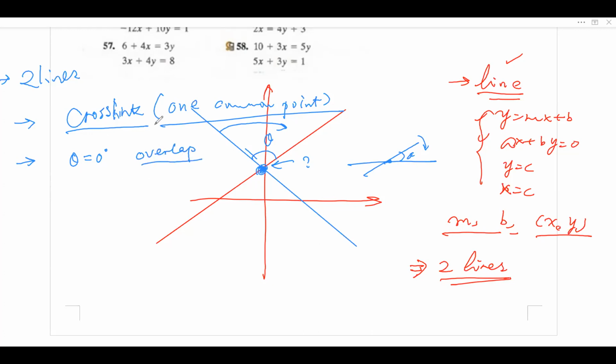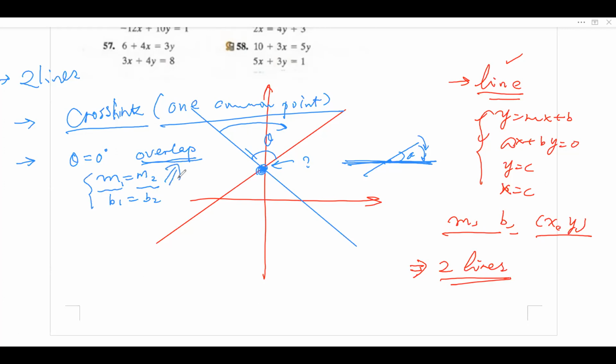Overlap means these two lines are exactly the same. Exactly the same line means their slopes are exactly the same, the first slope and the second slope, and the y-intercept is also exactly the same.